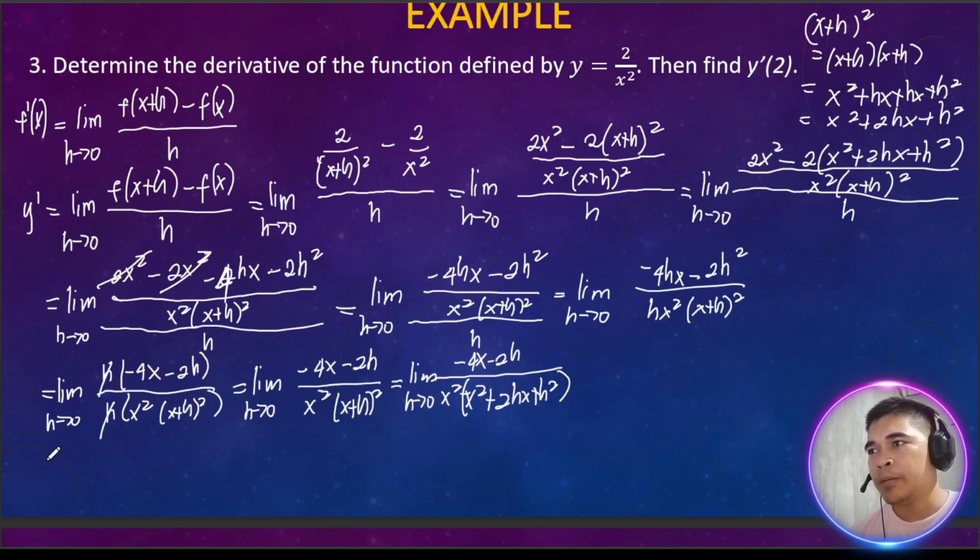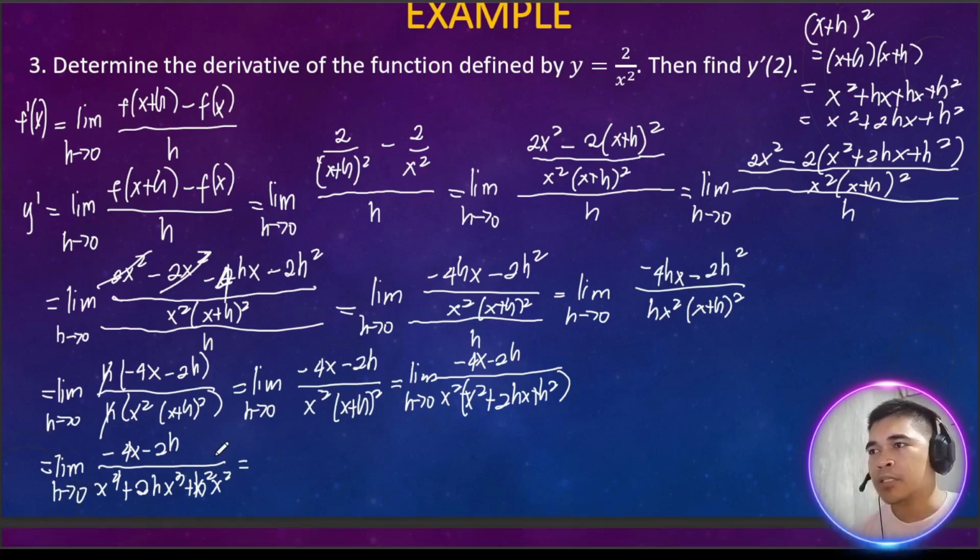So, simplify more, equals limit negative 4x minus 2h over x to the fourth power plus 2hx cubed plus h squared x squared as our h approaches 0.